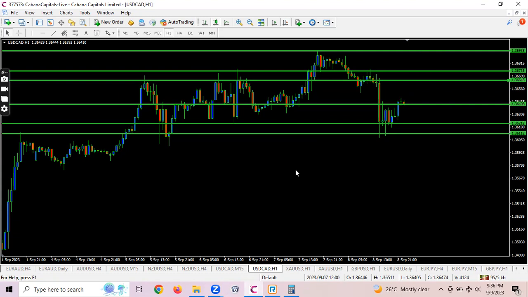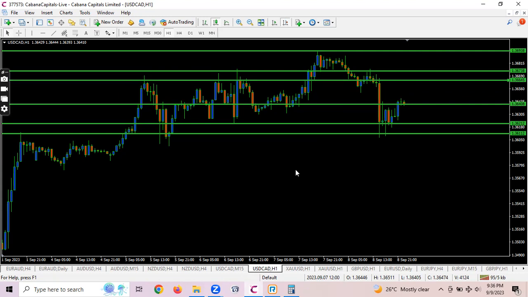You should have a sell setup on Australian dollar USD. But if Australian dollar USD is bullish and you are seeing a bullish setup on USD CAD, there's a high probability that the market might not go in that direction. Do you get it? The market will not go in that direction.